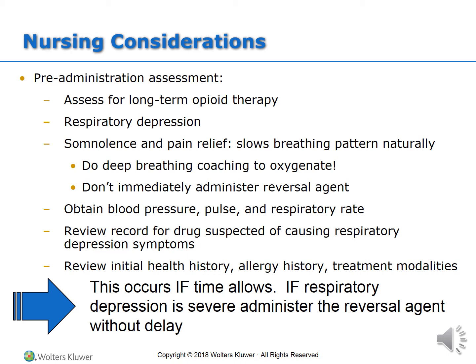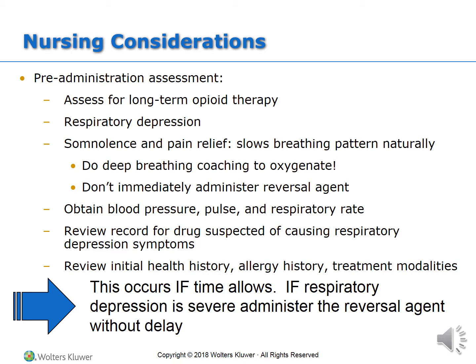So don't immediately administer that reversal agent. Try to arouse the patient, try to wake them up. You can do a sternal rub, which is a very deep pressing rub right on the center of the chest, on the sternum, to try to get that person to wake up, pay attention, take some nice deep breaths. You want to make sure that you obtain vital signs, their blood pressure, pulse, respiratory rate.